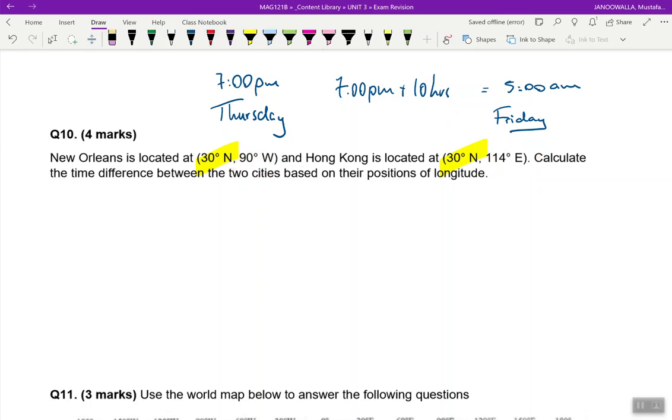So in this case, the angular distance is going to be 114 plus 90, and that is 204.